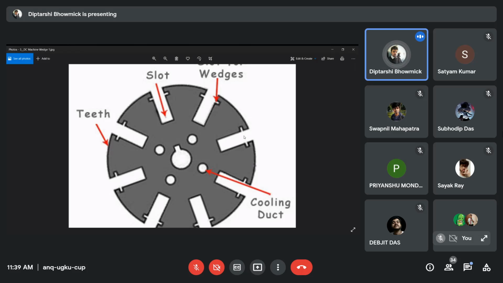Then we keep 100 or 200 or 500 plates together, one after one. We stack them one after one, and then the length becomes more and more. Finally, when we bolt them with each other, the core part of the machine has been prepared. Then there is a long groove, or slot, prepared, and within that slot we actually place the windings. Clear? Okay.